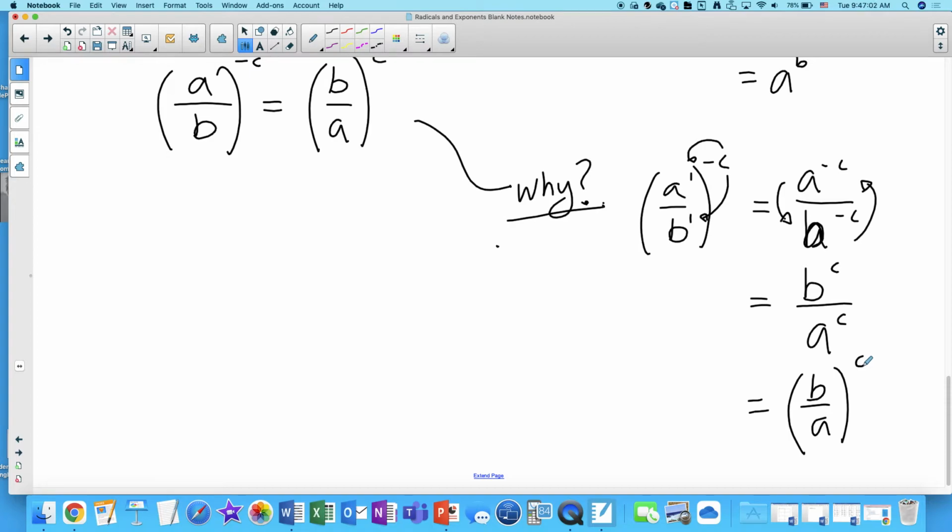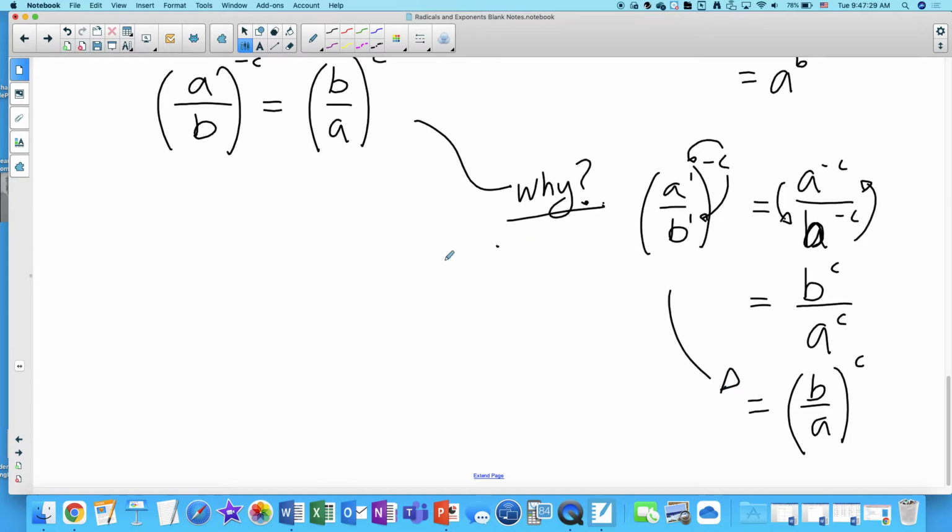This is a really common type of question, though. We see this type of thing a lot. So I won't expect you to show that process when you're simplifying. You can go directly from here to here. But I also don't just want to give you rules that drop from the sky without explaining why. Okay? All right, so these are important things to remember. I haven't given you formula sheets yet.